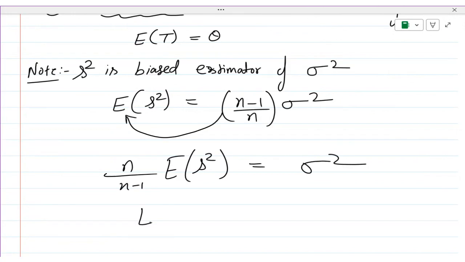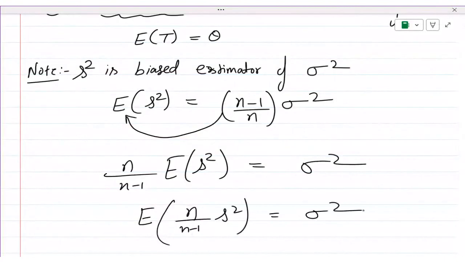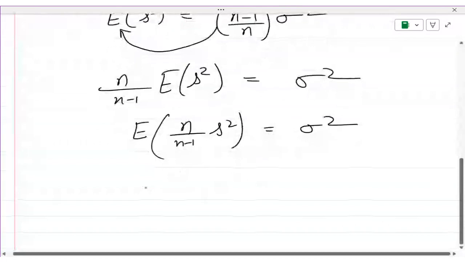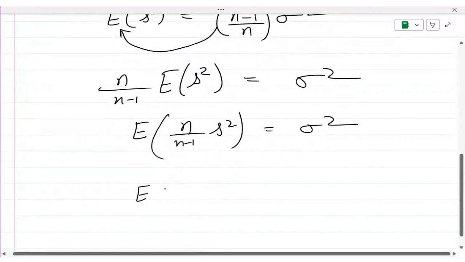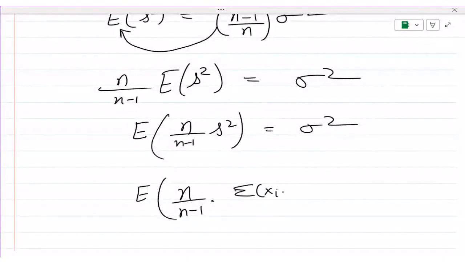So you get the expectation of n upon n minus 1 into s square is equal to sigma square. Now what is s square? From yesterday's class, it was the average of the squares of deviations from the mean, divided by the total number of values.